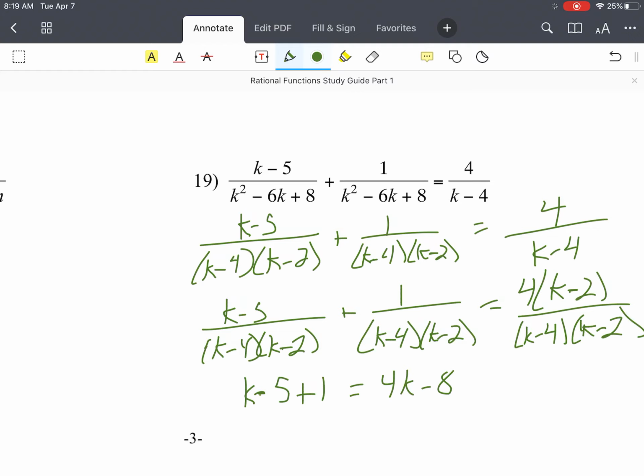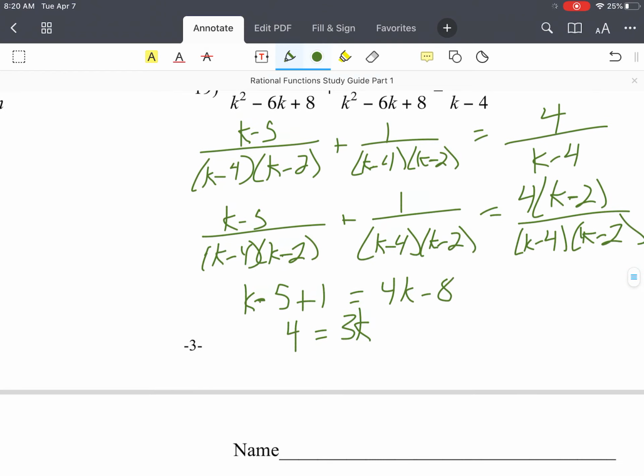All right, so we get that, let's see, add the 8 over, so that's 4 equals 3k. So then k is equal to 4/3. All right, so you get common denominators through everything, and then you forget about the denominator, and you solve it like a normal problem.